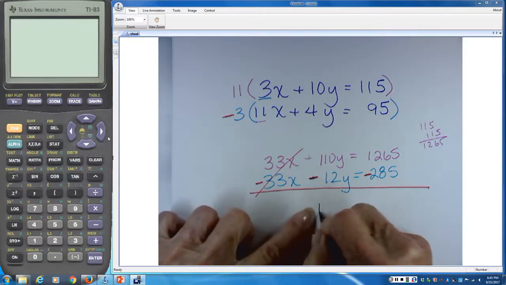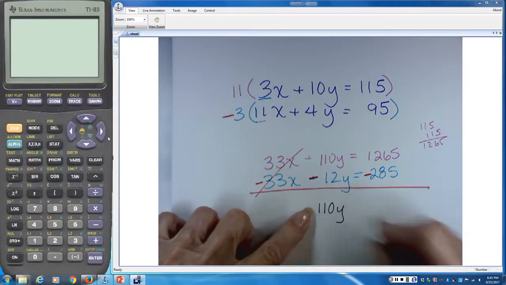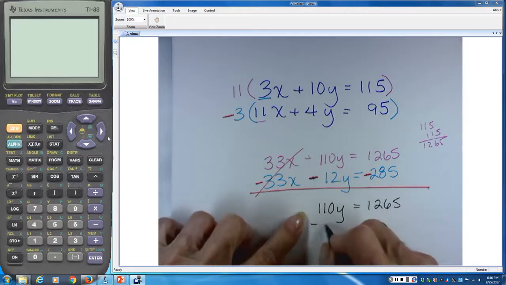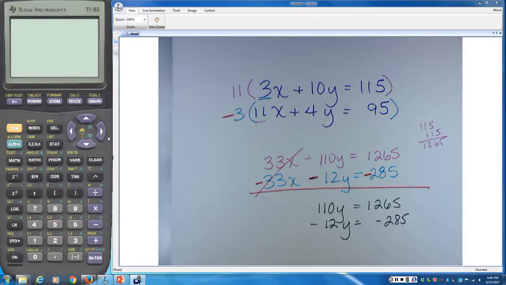Since this is now my new system of equations, it's just that they've only got one variable in them now. What would happen if I multiplied the top one by 12?